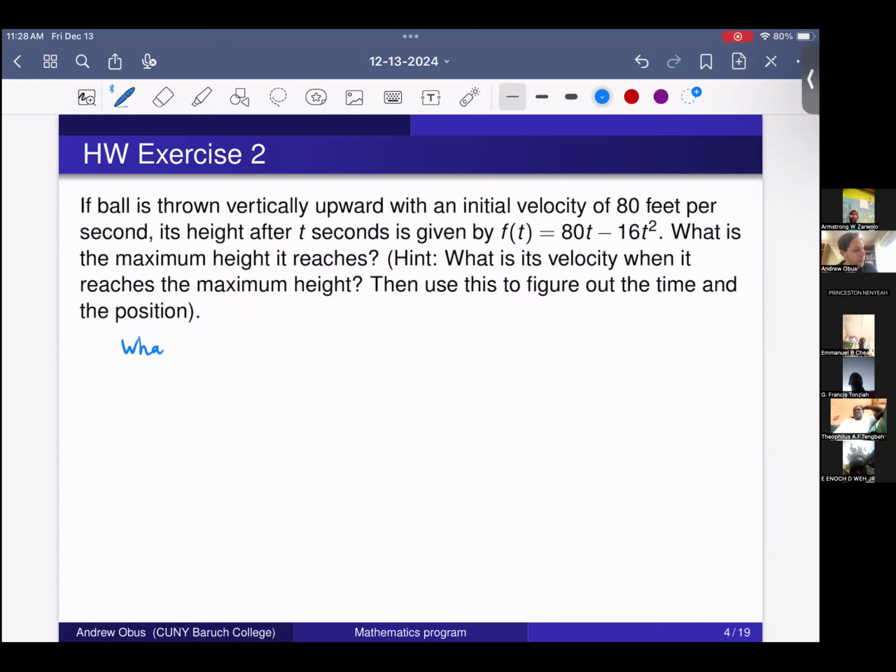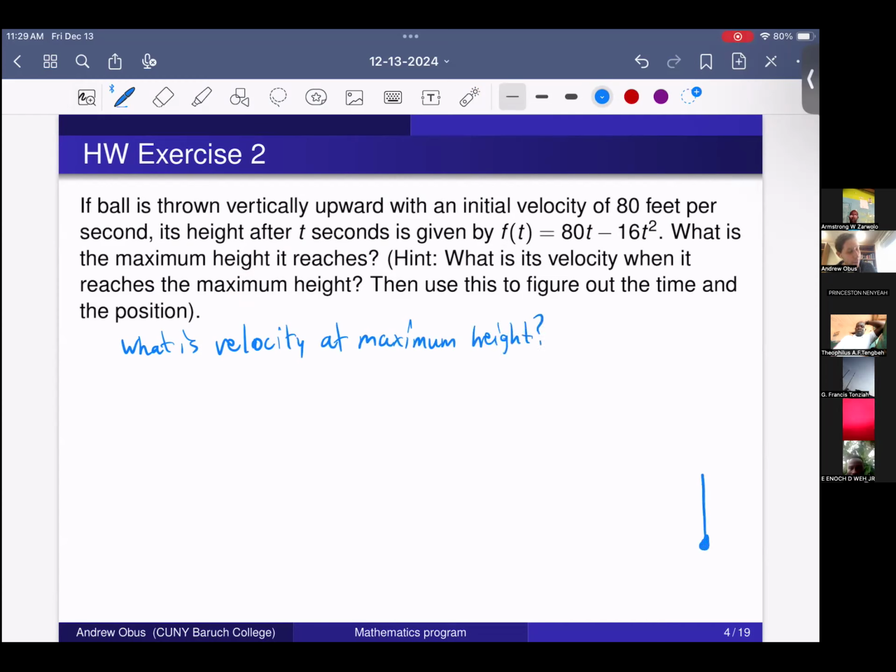What is the velocity at the maximum height? Right? We have a ball that's going up. It goes up to the top, and then it goes back down. This is how the ball gets thrown. So when the ball is right there at the top, what is its velocity?